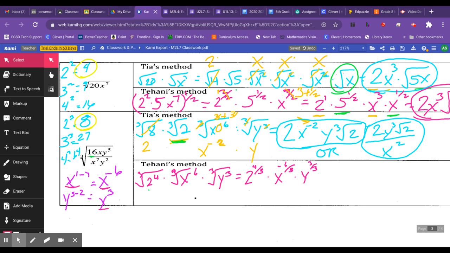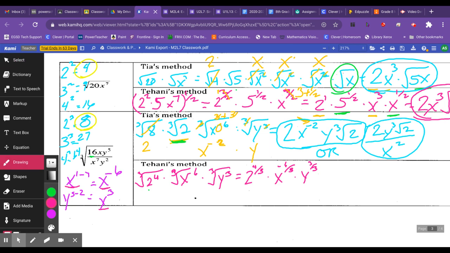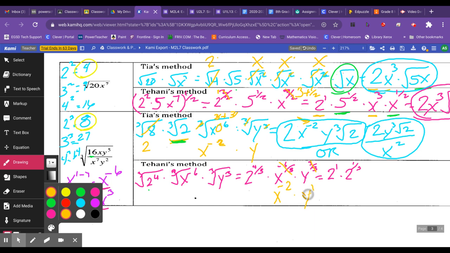All right, let's go ahead and split up what we've got. 2 to the 4 thirds is really the same thing as 2 to the first times 2 to the, if I divide that out, I end up with 1/3 left. X to the negative 6 thirds, those actually cancel to make it x to the negative 2. And the 3/3 cancel to make y to the first.